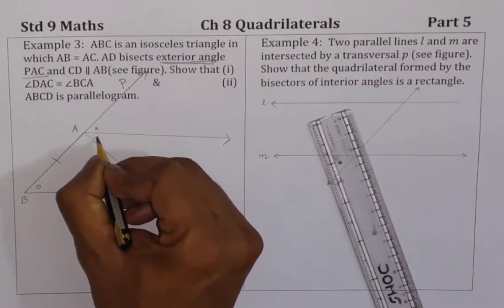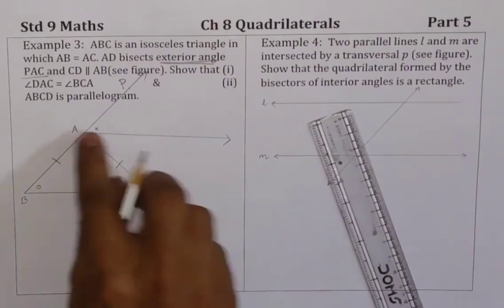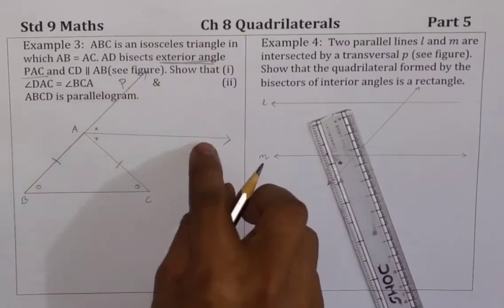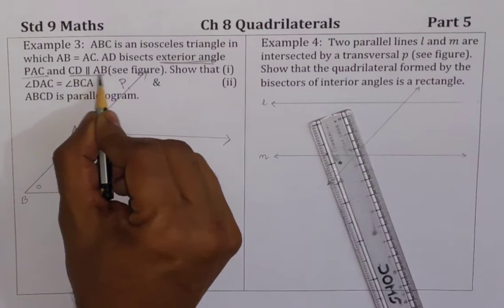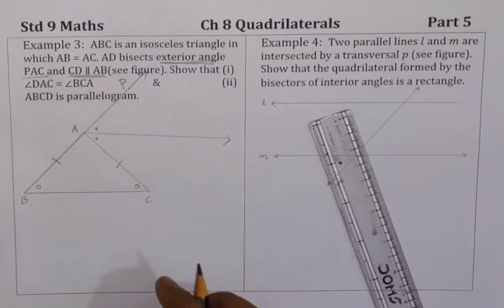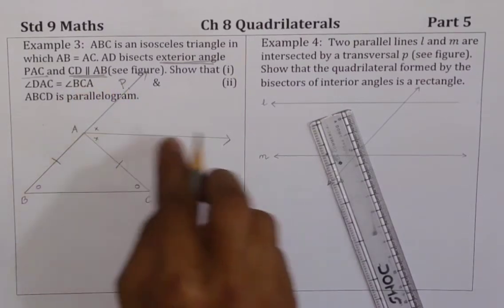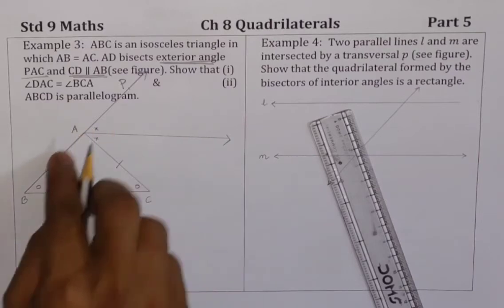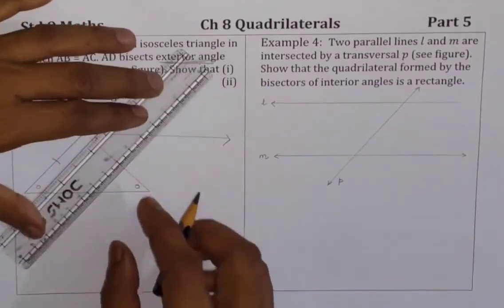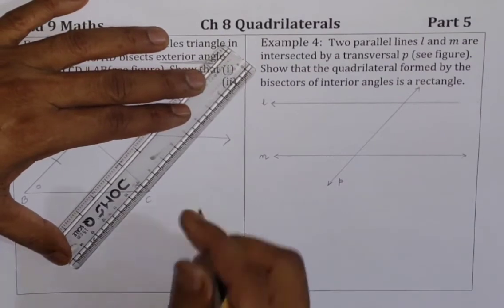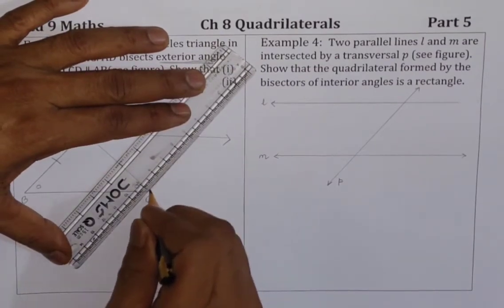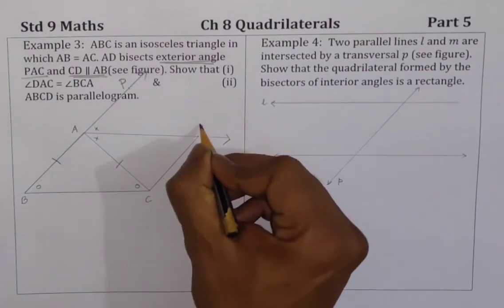So I'm putting some symbol to show angle CAD equal to angle PAD. D I have not put because there is one extra condition. CD is parallel to AB. D, wherever it is on this ray, CD has to be parallel to AB. So let us draw a parallel, it should also look parallel, right. So this is D now.